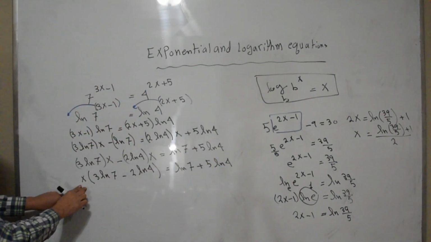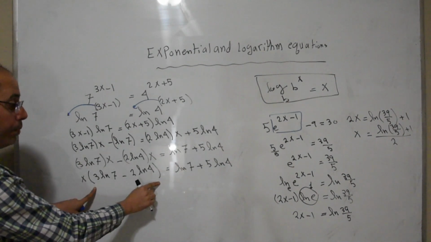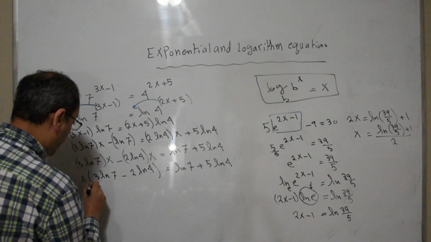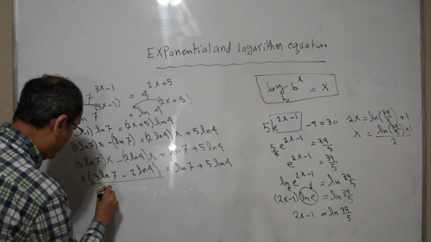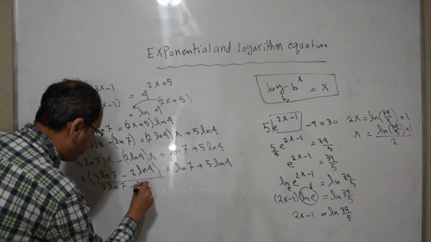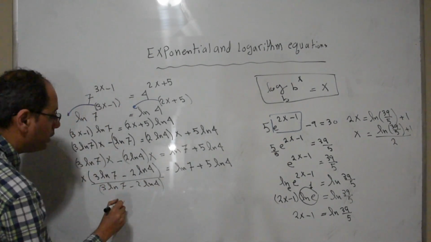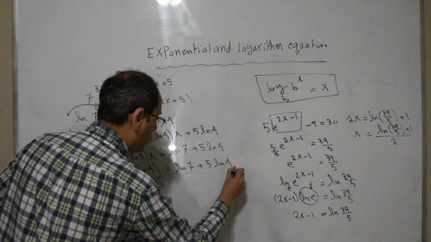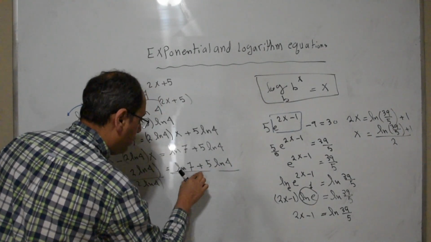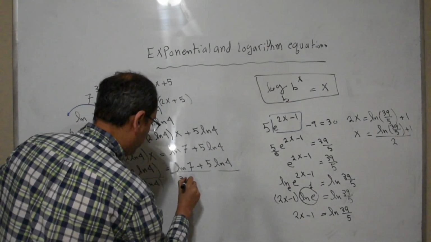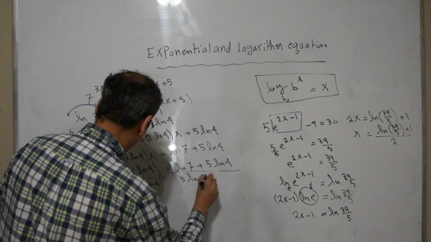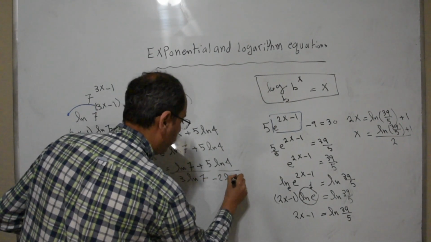Now, I need to isolate x. So we're going to divide by the whole thing here. So I'm going to divide by 3 natural log of 7 minus 2 natural log of 4. And again here, 3 natural log of 7 minus 2 natural log of 4.